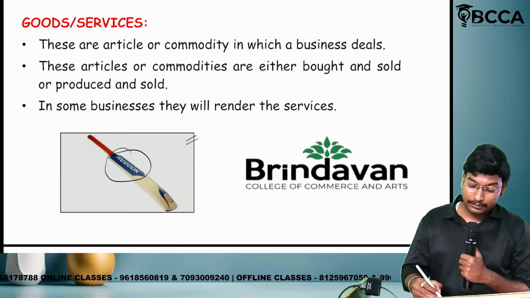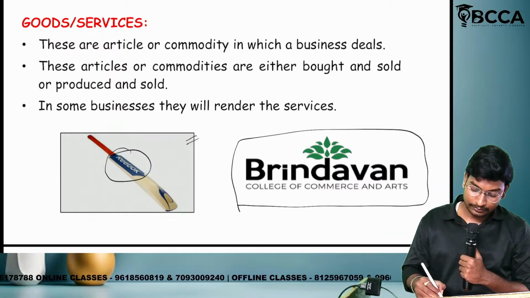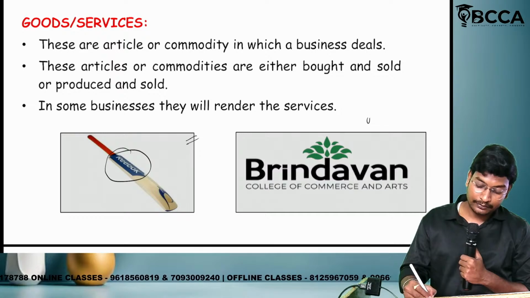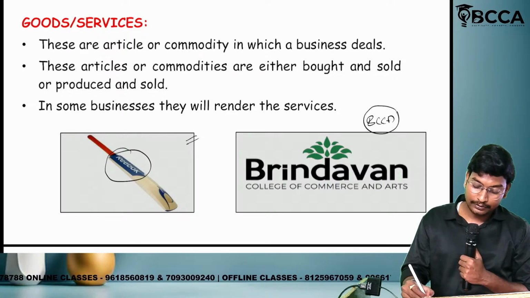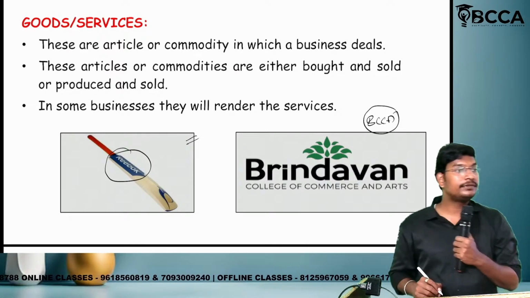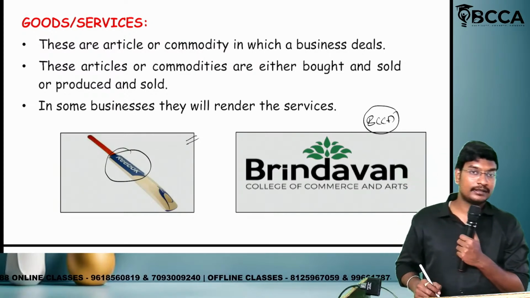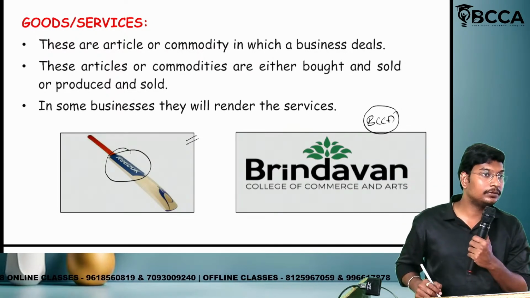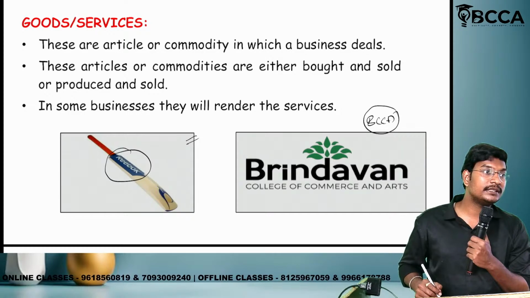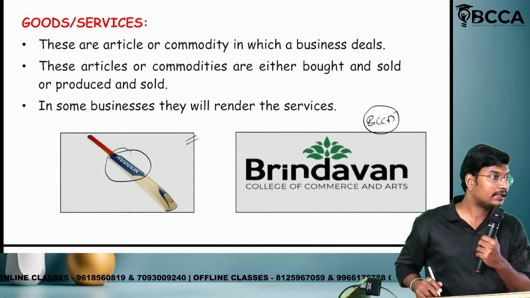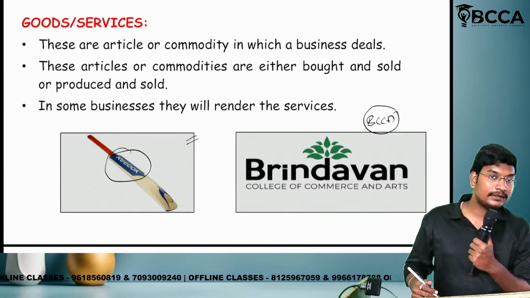If you think from the BCCA point of view, goods will be there and services will be there. Mostly 90% is service and 10% is goods. What are the goods involved in BCCA? Books. Books are called goods. Education is called a service.